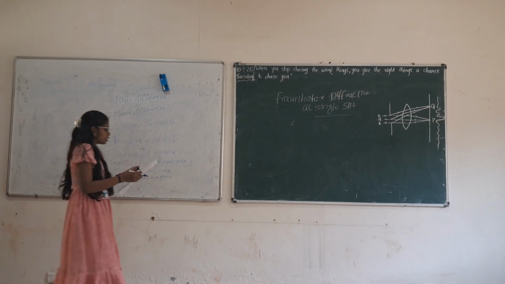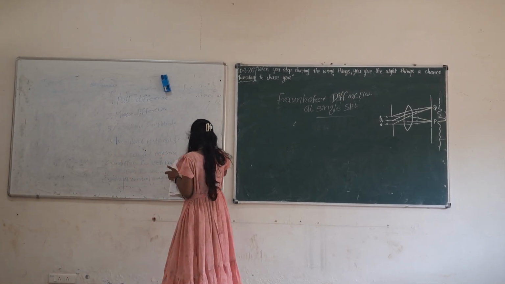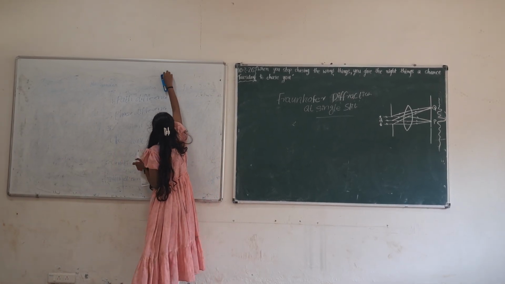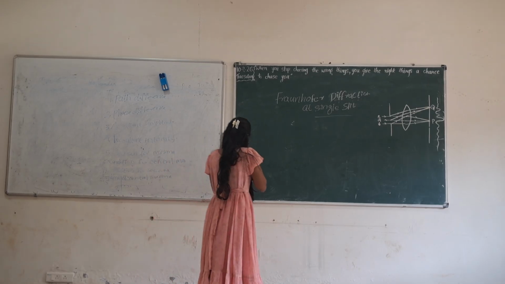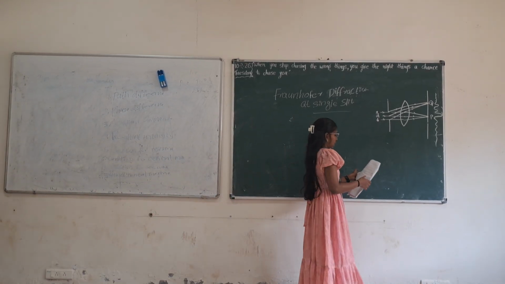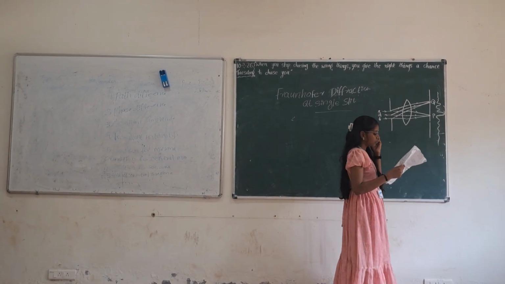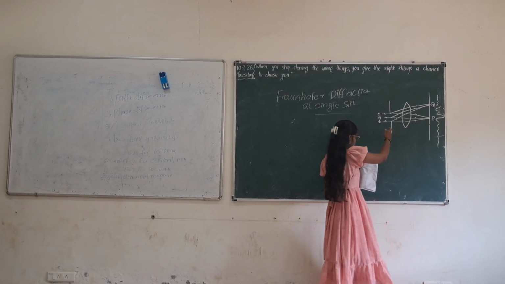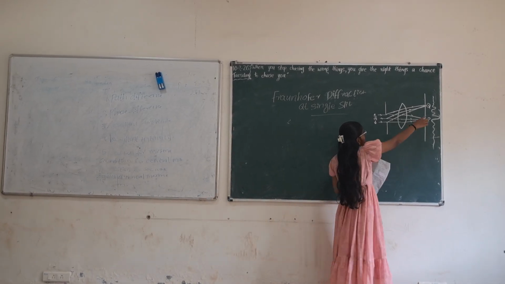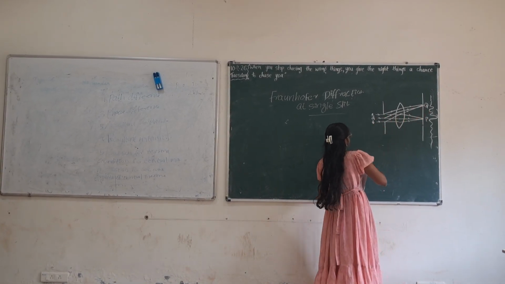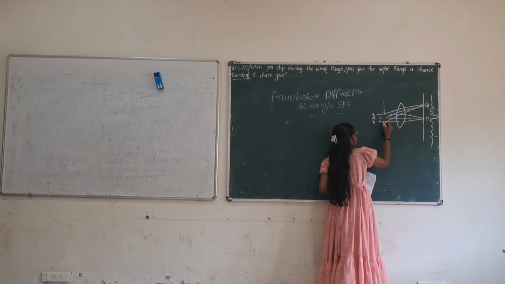So first we move on to path difference. The path difference of the secondary wavelets reaching point Q from AB. This is AB.